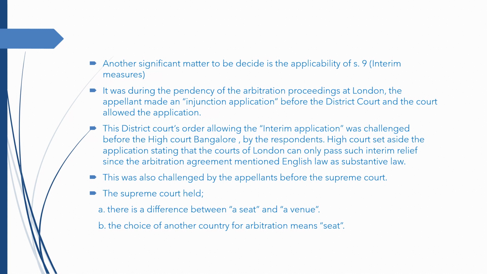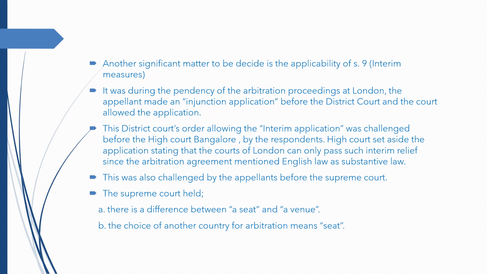Then what happened? Of course, the respondent, Kaiser, filed an appeal against the District Court's order in the High Court, Bangalore. And what did the High Court do? The High Court set aside the application and order passed by the District Court.